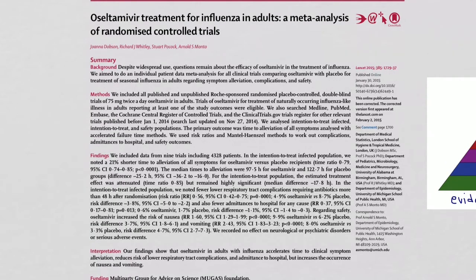Okay, so today's paper is oseltamivir treatment for influenza in adults, a meta-analysis of randomized controlled trials. And the goal of the paper is to determine whether oseltamivir treatment, which is Tamiflu, is effective in treating the flu in adults. So this is a meta-analysis, that's the study design.